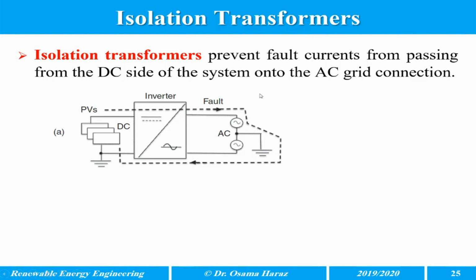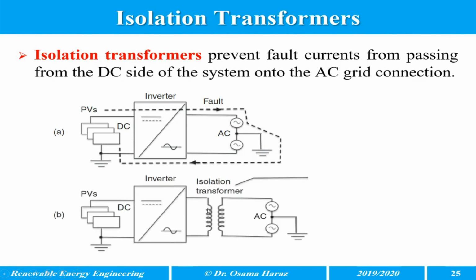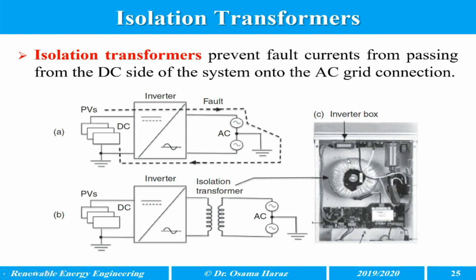Suppose this is the PV system and there is a fault, so a current is flowing in this direction, from the DC side to the AC side. To prevent this from happening, we have to install an isolation transformer in between. The isolation transformer isolates the DC from the AC circuit and from the grid connection. This is how it looks, inside the inverter box.